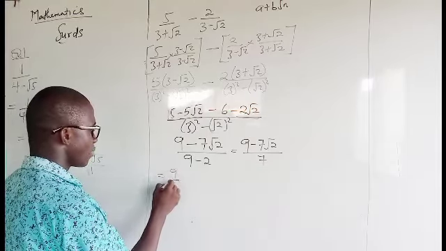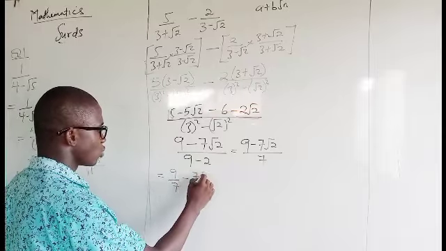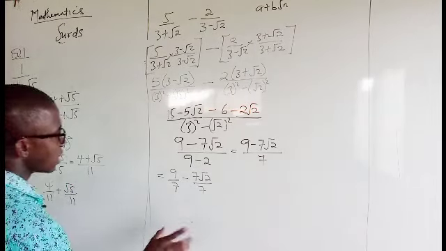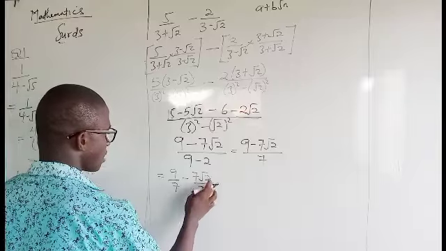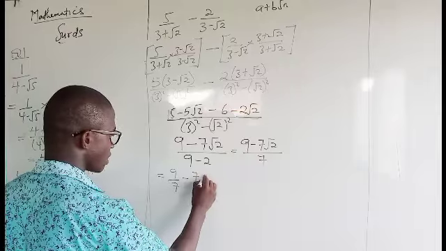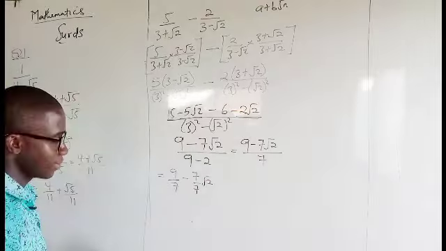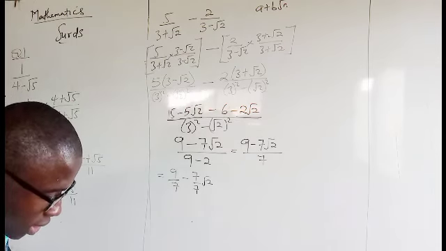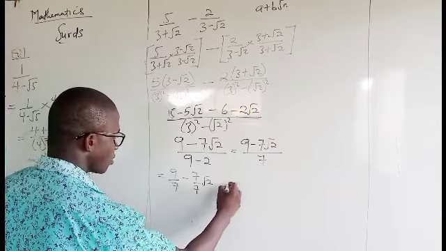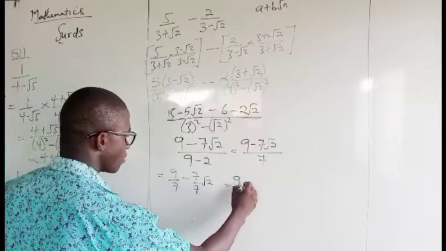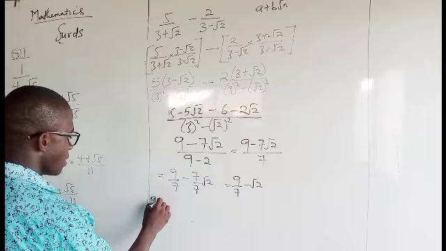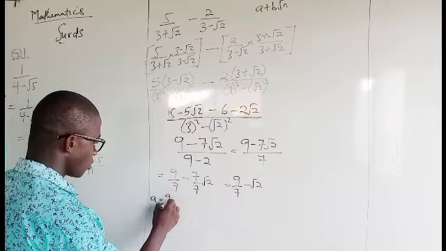We have 9 over 7 minus 7 root 2 over 7. So 7 over 7 gives us what? 1, right? So you get 9 over 7 minus root 2. So now our a becomes 9 over 7.